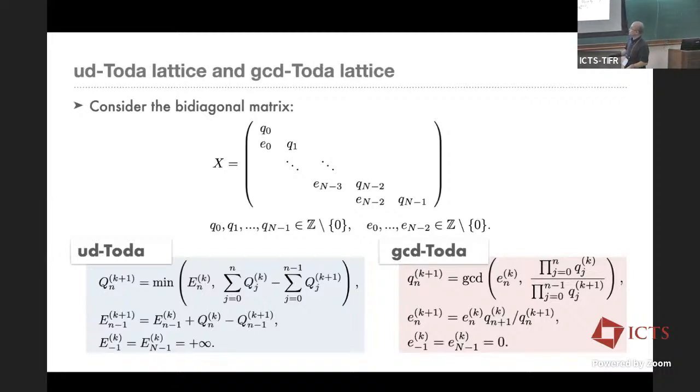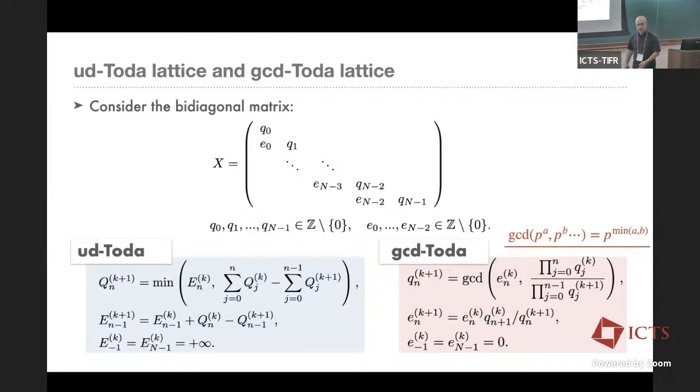It's possible to compute this in the integer bidiagonal matrix case. We start from this integer matrix, and our ultra-discrete Toda can be converted into the so-called GCD Toda. The minimum operation can be expressed in terms of GCD from this expression.